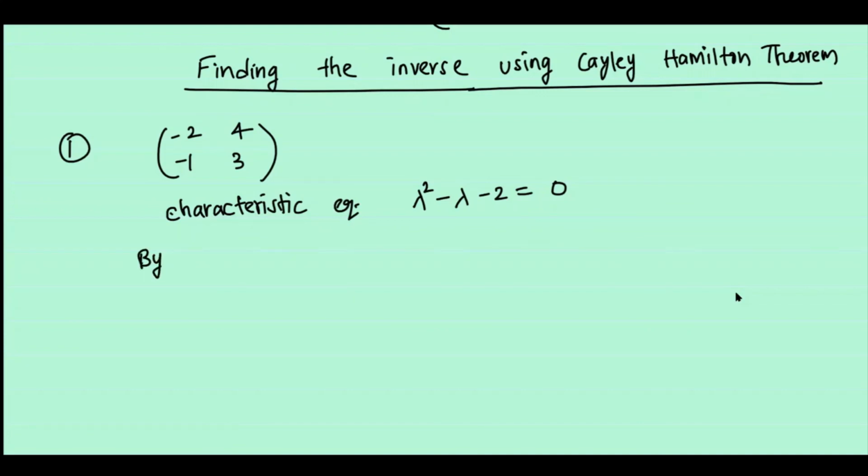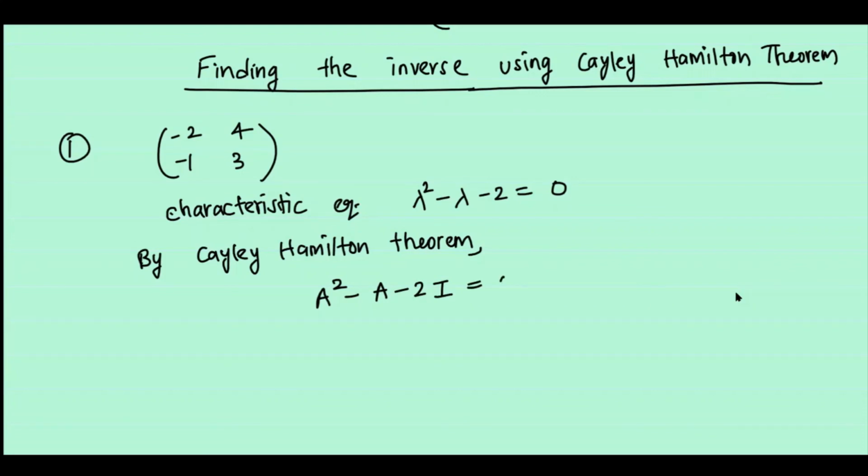So by the Cayley-Hamilton theorem, we get A square minus A minus 2I equal to 0. So this implies that A square is equal to A plus 2I.